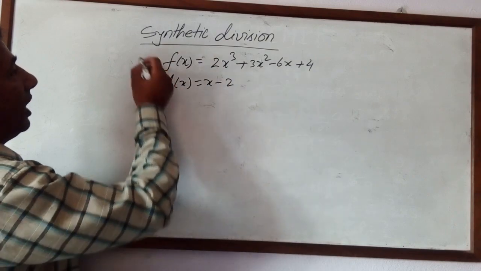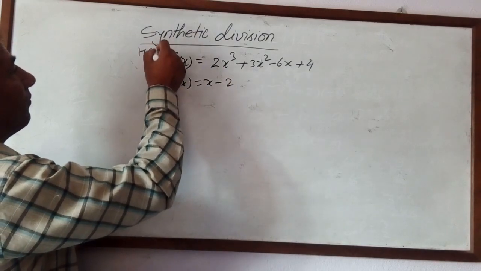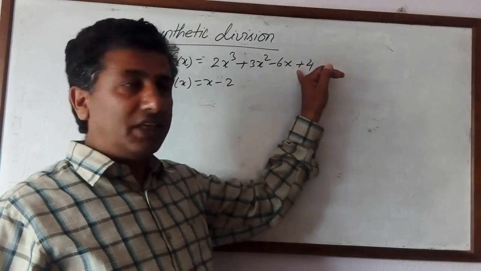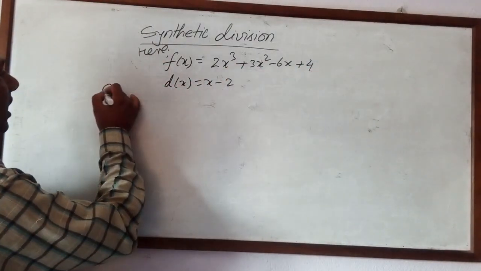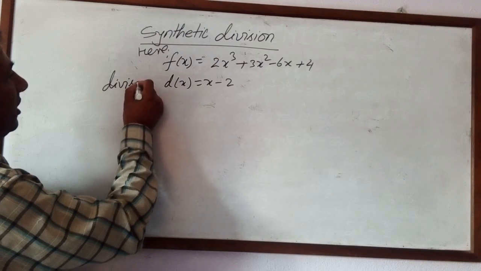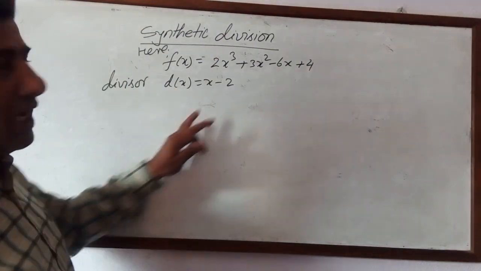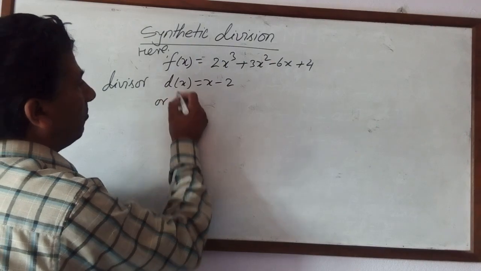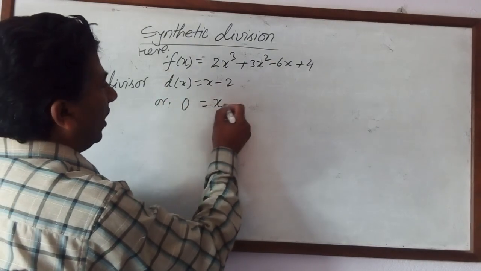Now we can do it like this. The given polynomial f(x) equals this. The divisor d(x) equals x minus 2. First of all, from this divisor we have to find the value of x. Make it 0: x minus 2 equals 0.